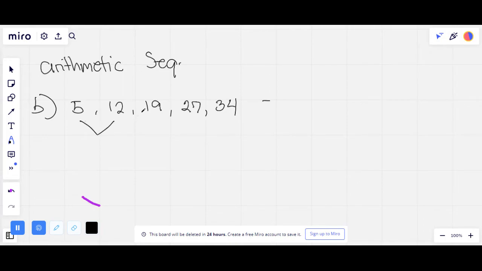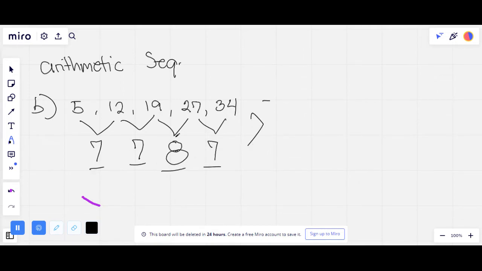The difference of 12 and 5 is 7. The difference of 19 and 12 is 7 also. The difference of 27 and 19, oh, this is 8. And the difference of 34 and 27 is 7. We have 7, 7, 8, and 7, so they are not the same.